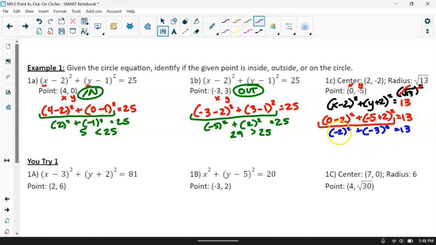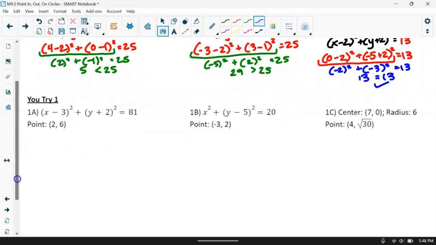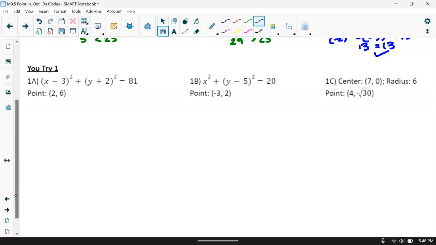So when we simplify, we get 4 plus 9, which is 13, which is equal to 13. So that means this point is on the circle. So go ahead and pause the video and try these 3 on your own.